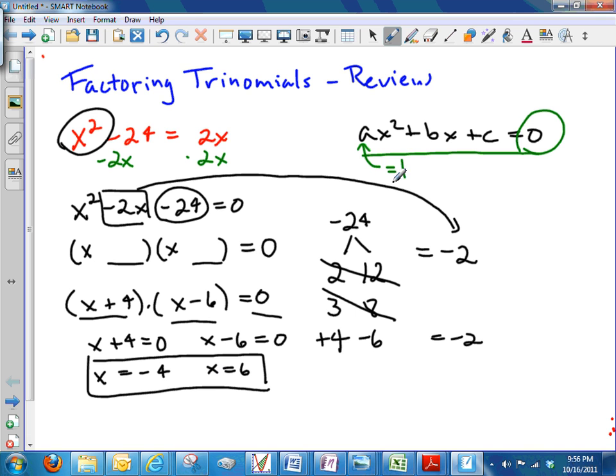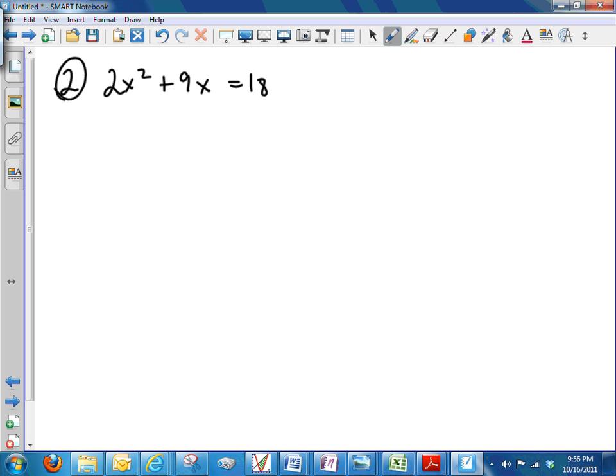Alright, so let's move on to a more difficult kind where the a term is not 1. If you notice on the next slide here, we have an a term that is 2. So this will be more difficult. The first thing I notice is that it is not ready to go because we do not see it equal to 0. So let's fix that. 2x squared plus 9x, that part's okay. 18 should come to the other side, and then we have it equal to 0.